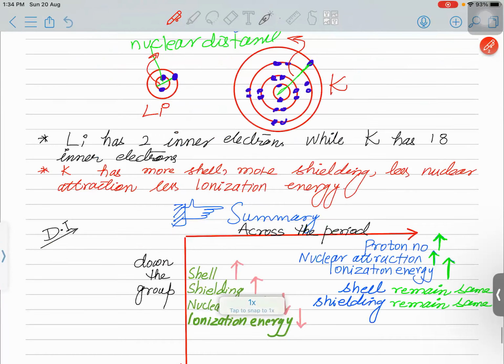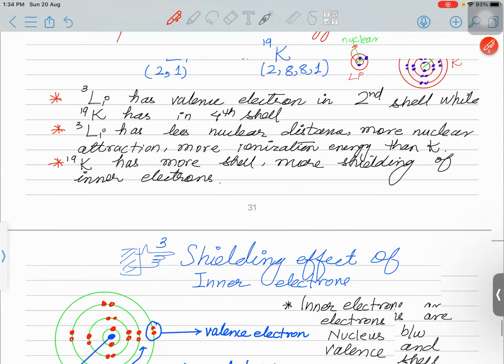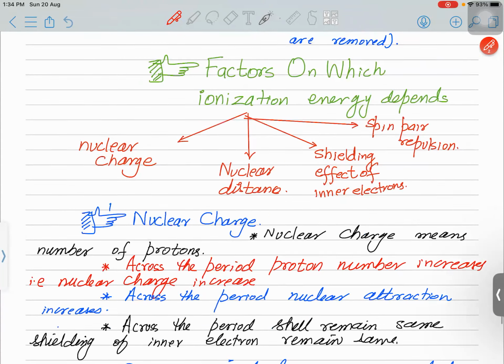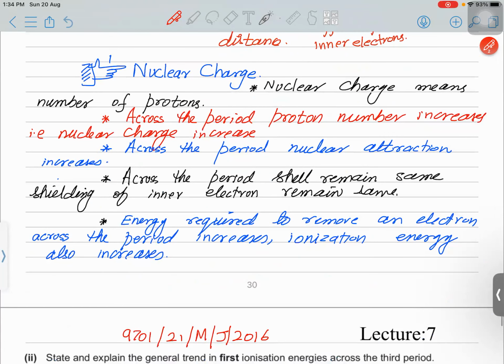Now look at my statement during the first heading, nuclear charge. I told you across the period proton number increases, so always consider proton number across the period. Do not say down the group proton number increases. Yes, I know proton number also increases, but it is not the dominating factor. The dominating factor is shell.